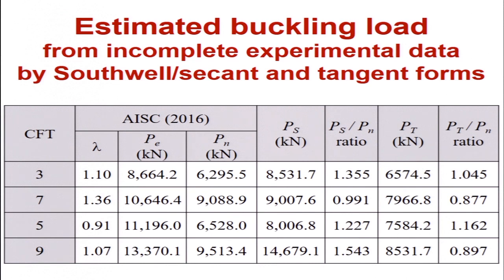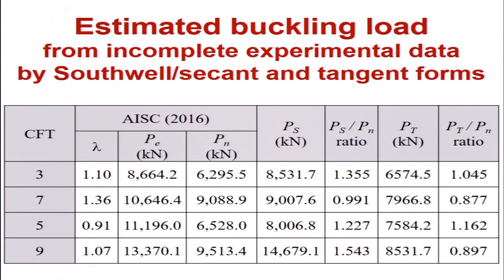And just to compare, the two important numbers are basically this column here, which compares the secant value versus the nominal value, and this is the tangent value versus that. And you can see that the secant value, not bad for one of the specimens, but for the other ones is way off. And here we are doing quite a bit better, even though it's not perfect.